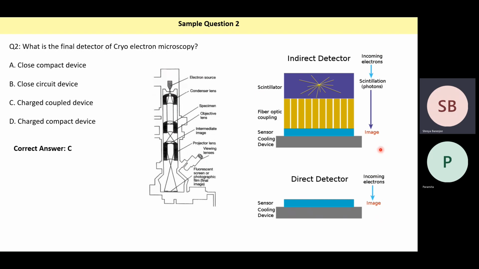So indirect detectors are more used now, and it is called a charge coupled device because the electron is coupled to the photon: the electron striking the scintillator forms photons, and then photons again give rise to an electric signal. So the photons and electrons are coupled, and so it is called a charge coupled device, and the answer is C.